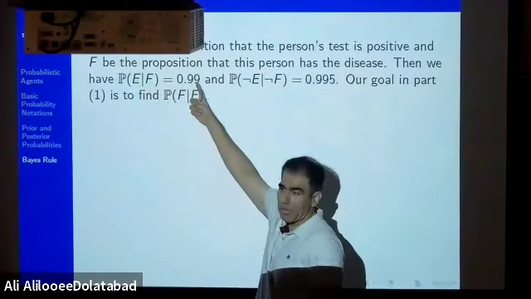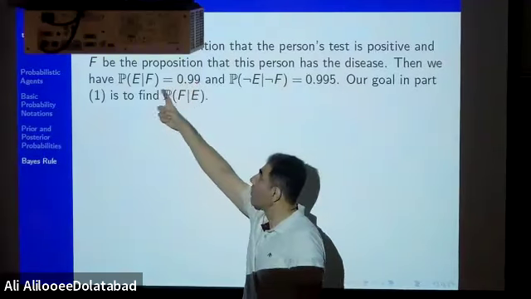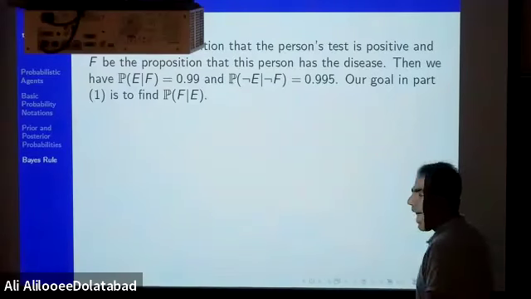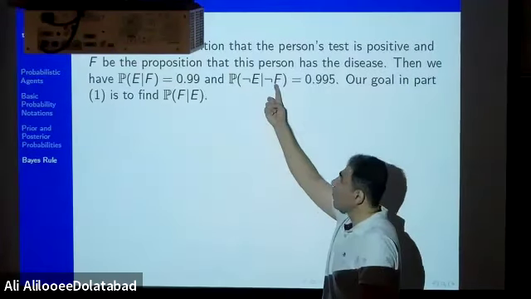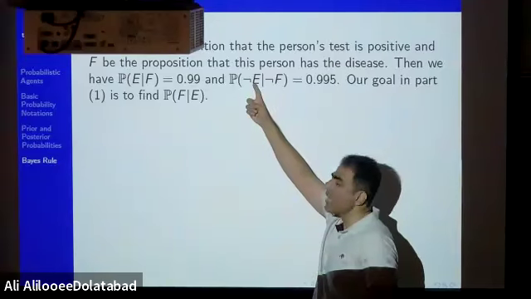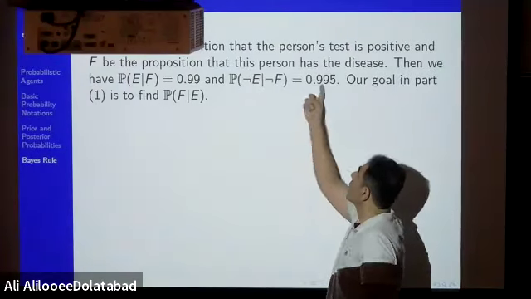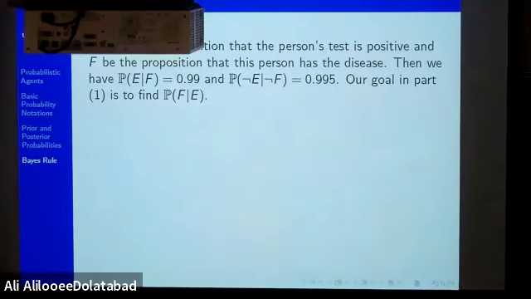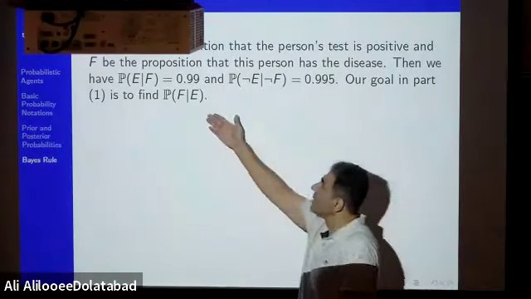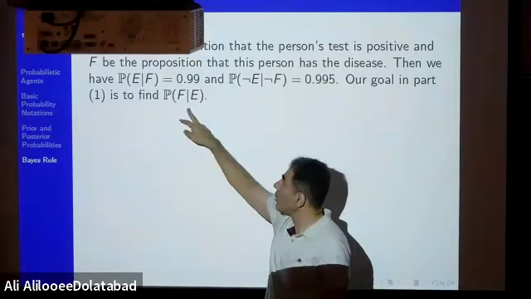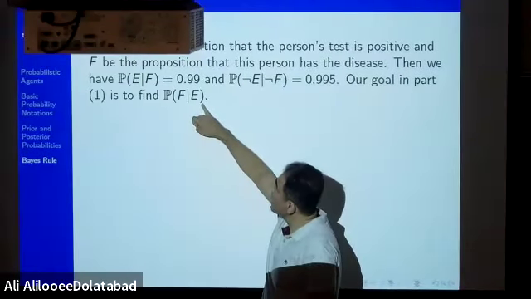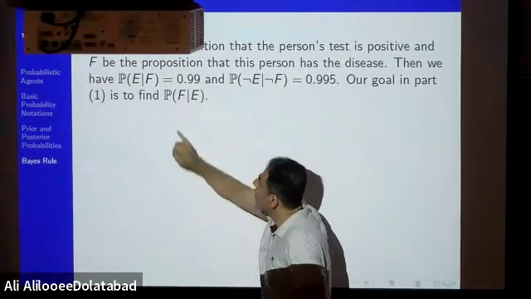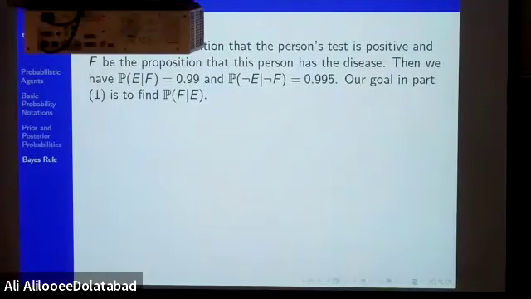This probability is 99%. And what about the negative side? If the person doesn't have the disease, the test comes negative. This one is 99.5%. Our goal is to find the opposite direction. It means you want to find the probability that if the test comes positive, the person has the disease.